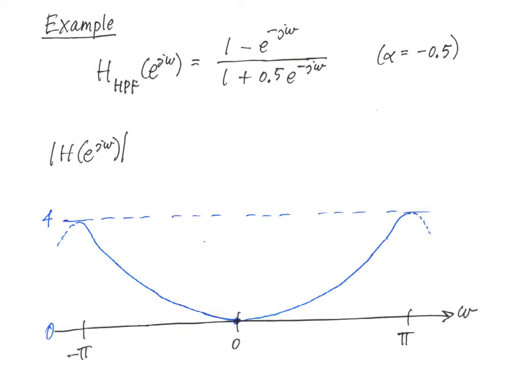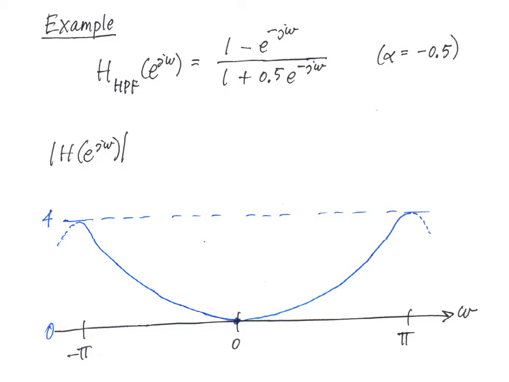But as a result of that, for the choice alpha equal -0.5, you will note that this periodic response that we had for the low-pass filter has shifted by pi radians per second to either left or the right to give us a peak at pi and 0 transfer function magnitude at DC.